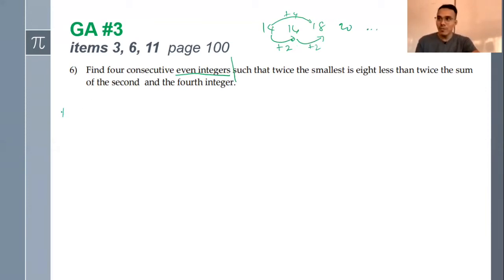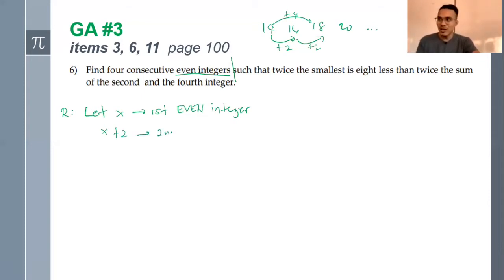So in our representation, we are going to let x be the first, define this properly, first even integer. So if this is the first even integer, then the second is going to be x plus 2 kasi you're just going to add 2 to the previous.